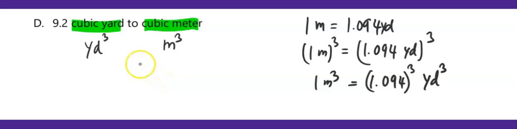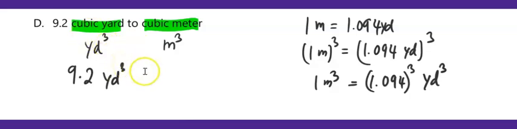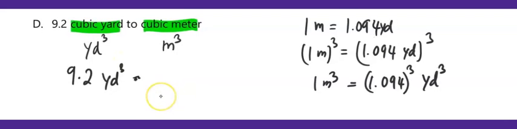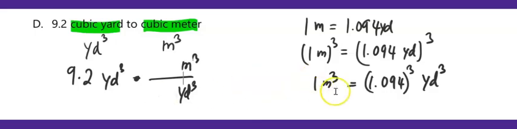Okay, so here 9.2 yard cube, that's the given, and you've got to change to meter cube. So I multiply by the fraction, which is going to be yard cube on the bottom, meter cube on top, because I need to cancel yard cube to get meter cube as the answer unit.